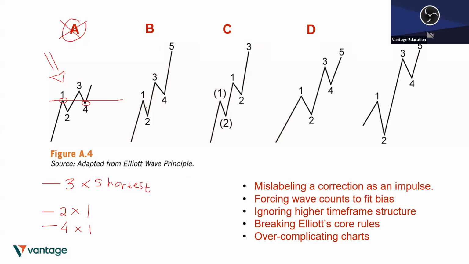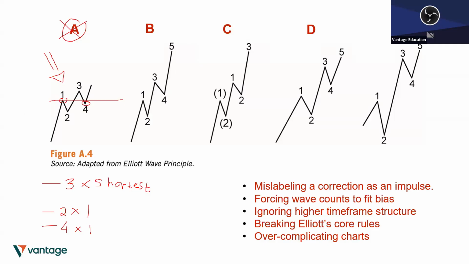Okay, B. Do you guys think B is the correct wave count? If no, let me know why. Okay, I've got some of you saying yes. I think you're still confused. Okay, thank you for the rest of you who has answered.